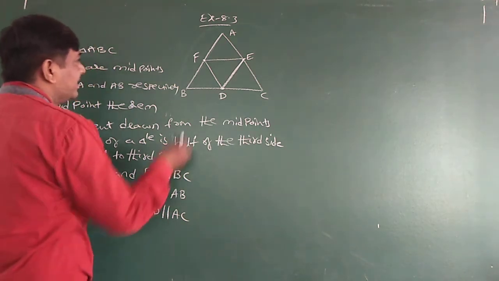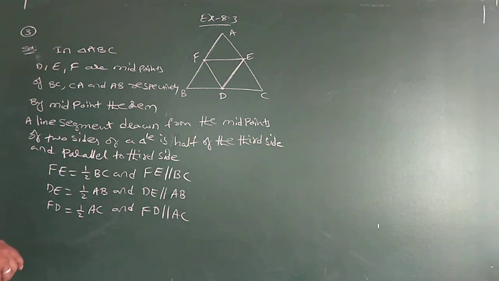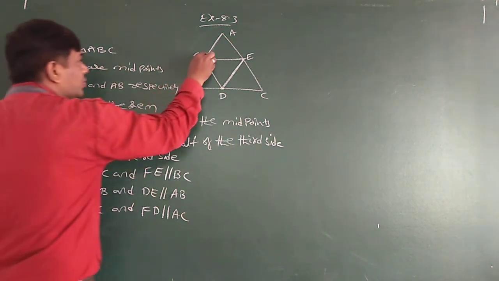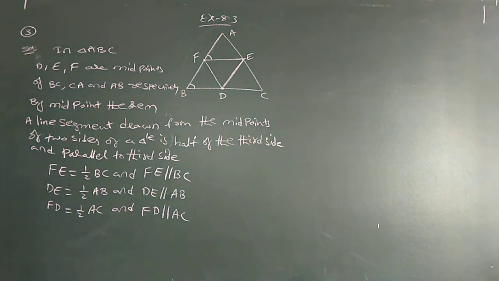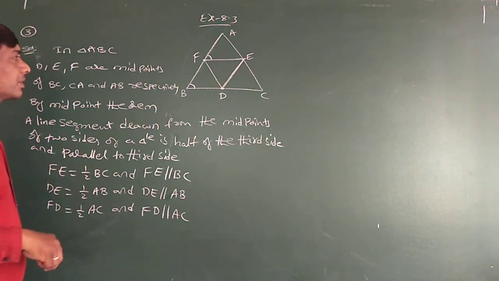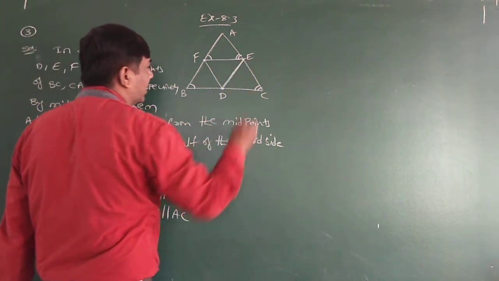Now see here, since FE is parallel to BC, these two corresponding angles are equal, and these two are also corresponding angles that are equal.